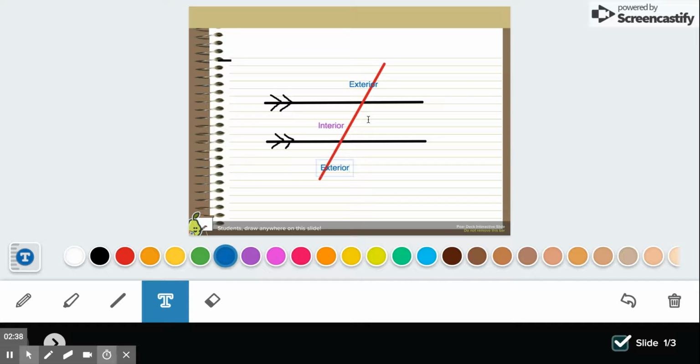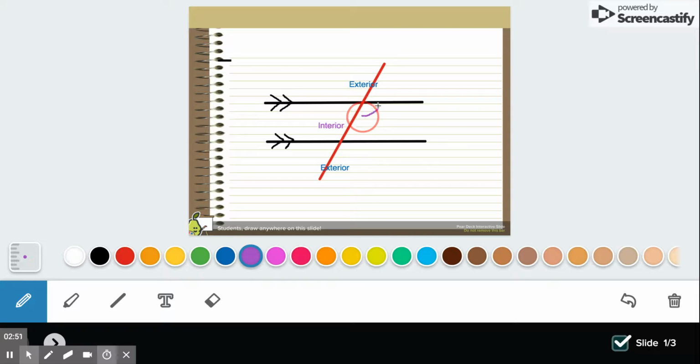So let's go ahead and mark those. I want to use my pencil and I want to make my interior angles purple. So this is an interior angle. This is an interior angle. This is an interior angle. And this is an interior angle.